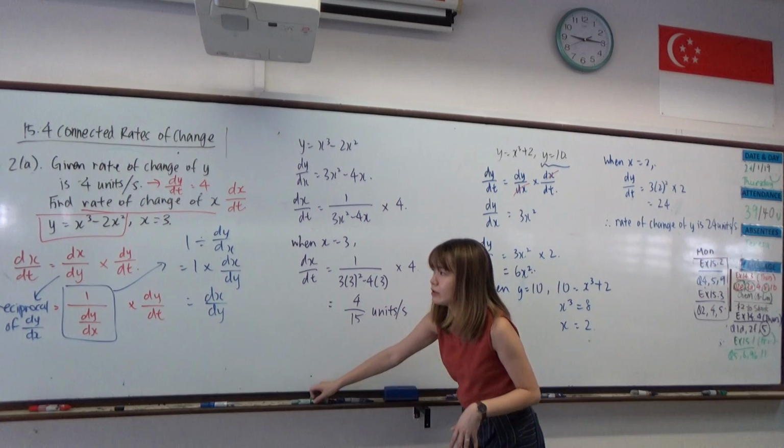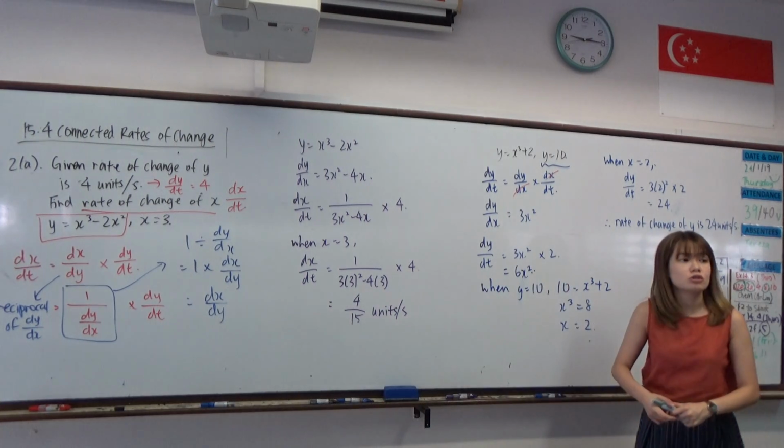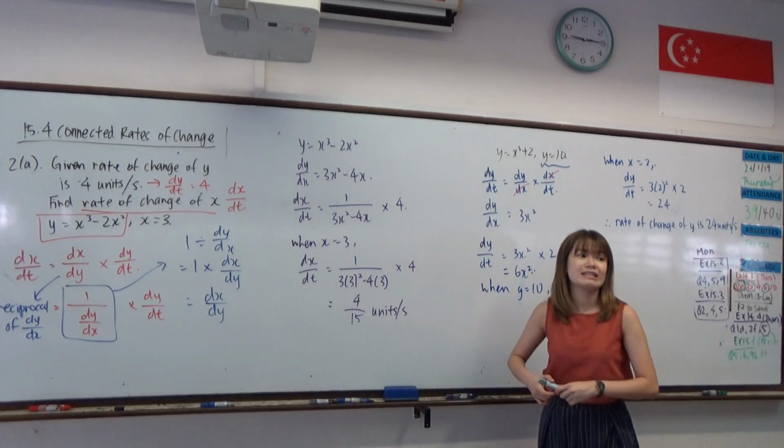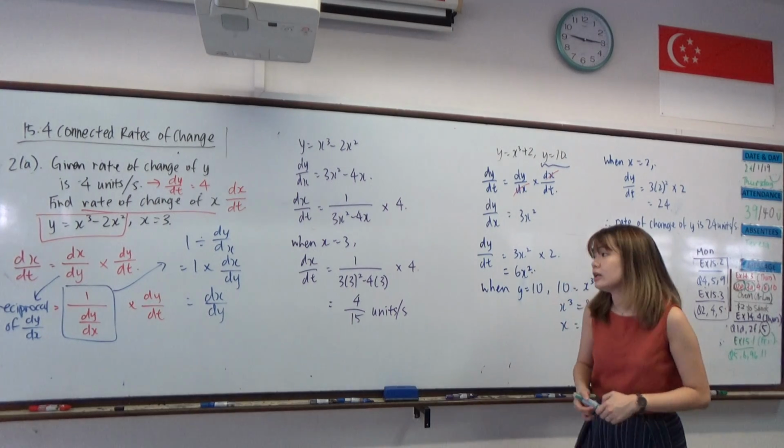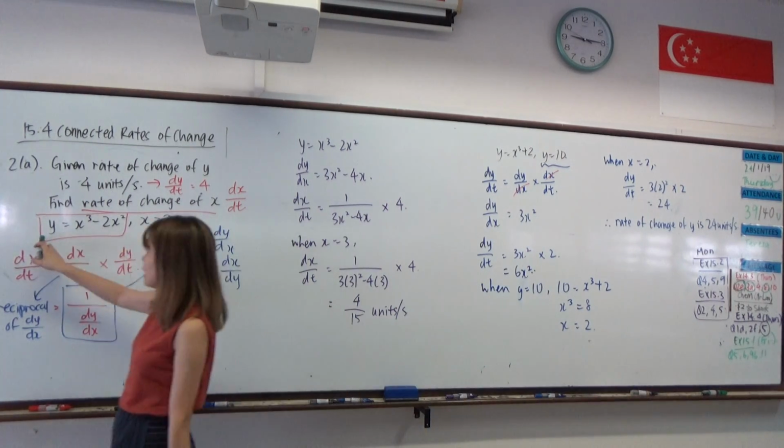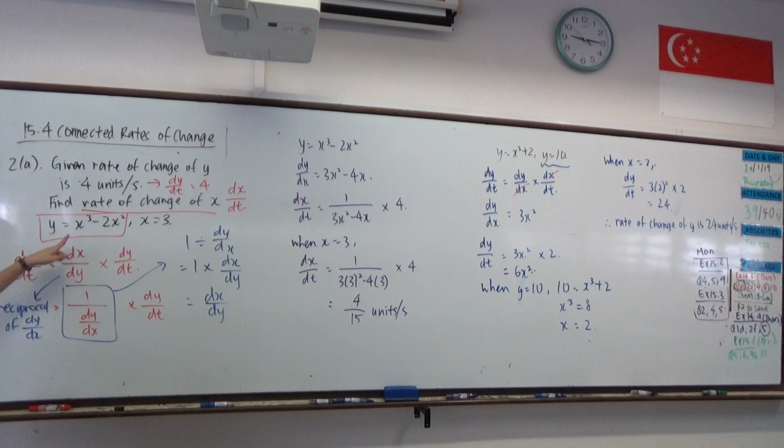In case you are wondering, why can I not immediately find out what dx over dy is? This function is y in terms of x. I will never be able to change the subject into x. If you look at this equation, we cannot put x as the subject.